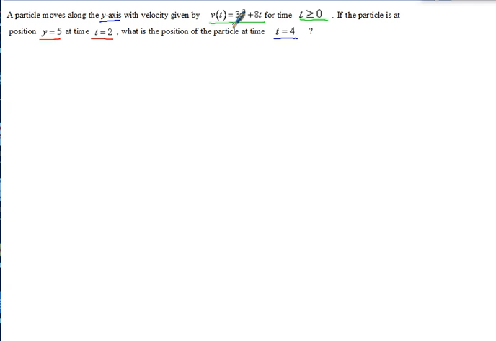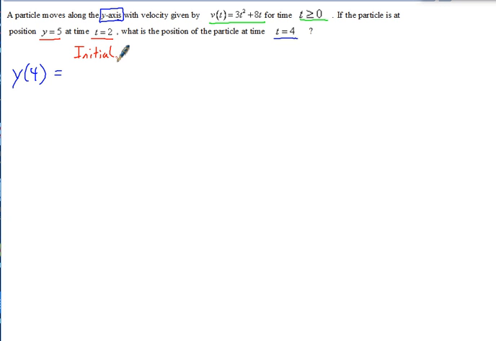Now they don't tell you what to call the position function, but usually when a particle is moving on the y-axis, they'll call it y of t to remind you it's moving on the y-axis. So what we're looking for really is y of 4 would equal the initial.